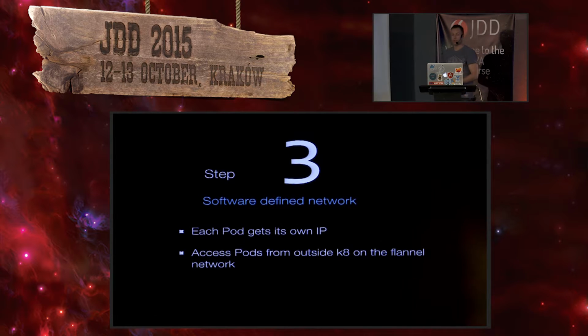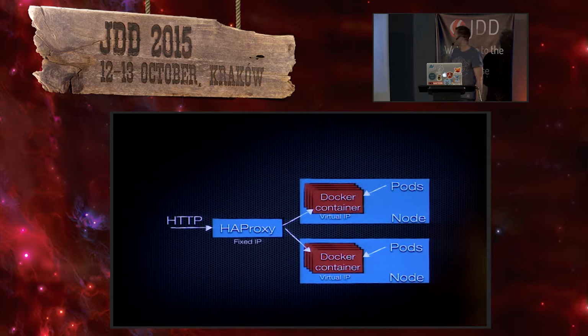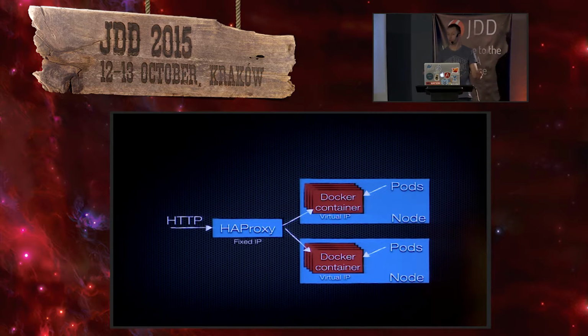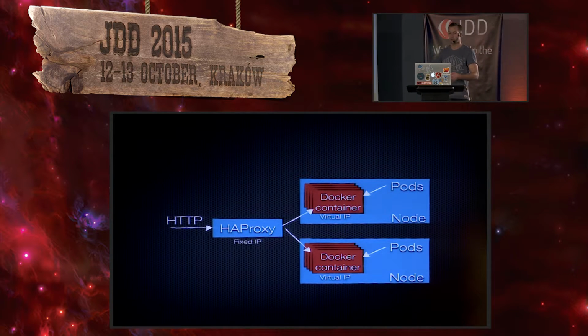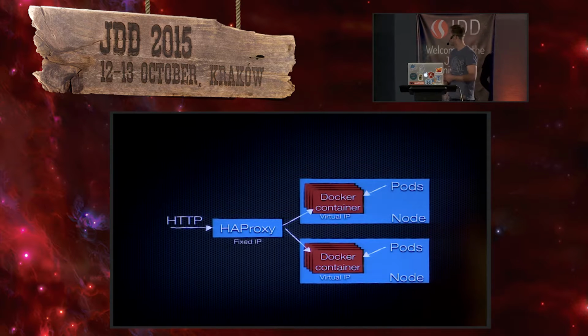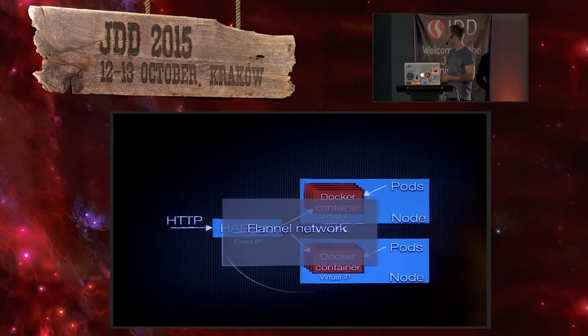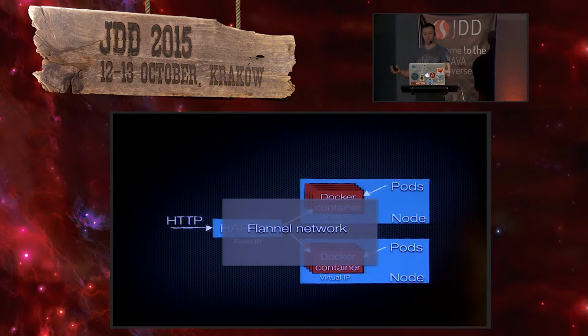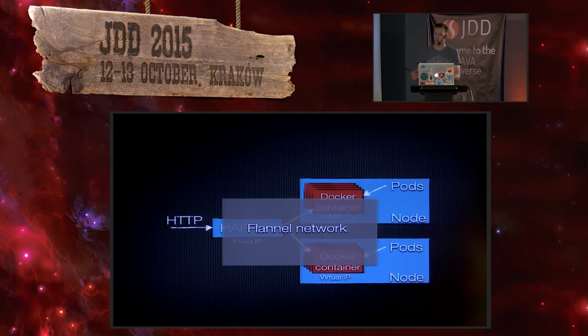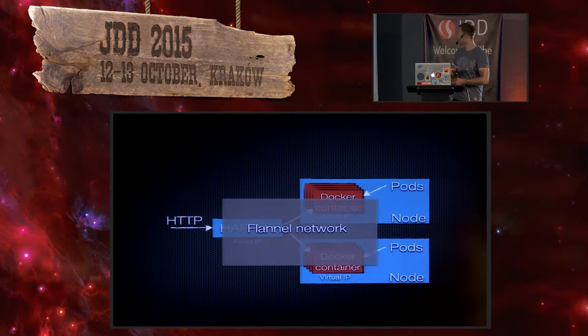And that way we can also access those virtual IP addresses from the other servers that we have in the cluster. So we have our HAProxy server running, and we just put a Flannel network on top of our network. Kubernetes will automatically start using that Flannel network, that virtual network, to create those virtual IP addresses.